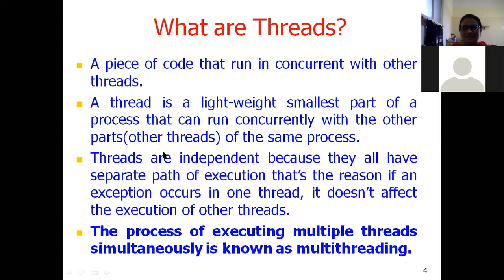The conclusion is that threads are independent. The process of executing multiple threads simultaneously or in parallel, we will call multi-threading. So they may ask what is a thread, or they may ask what is multi-threading. So you have to write this definition.